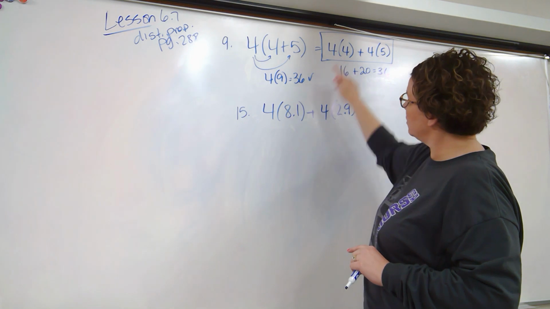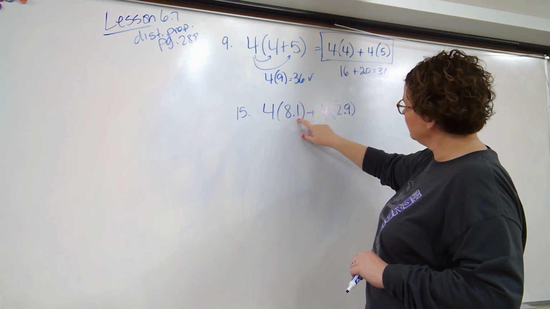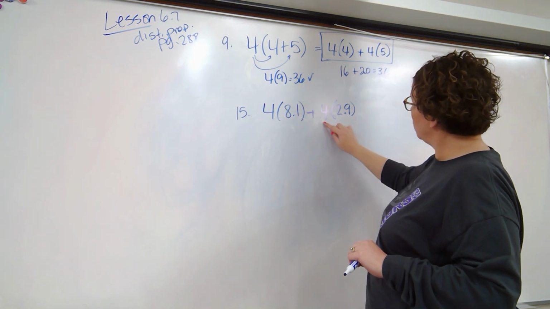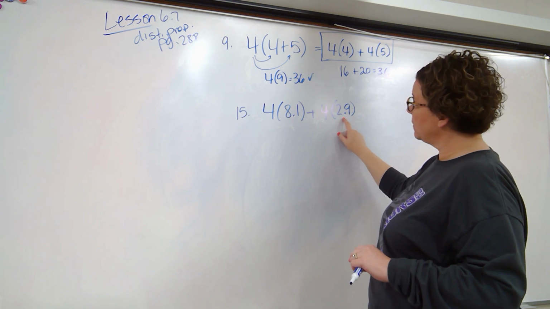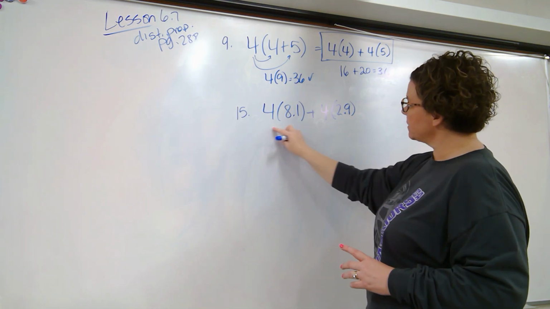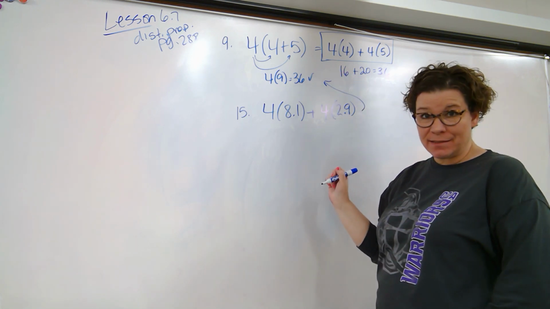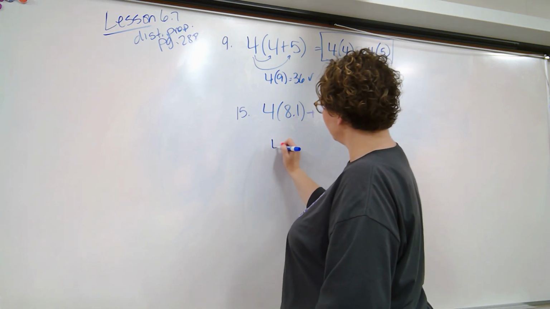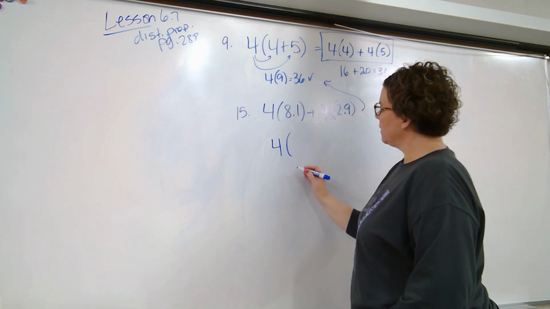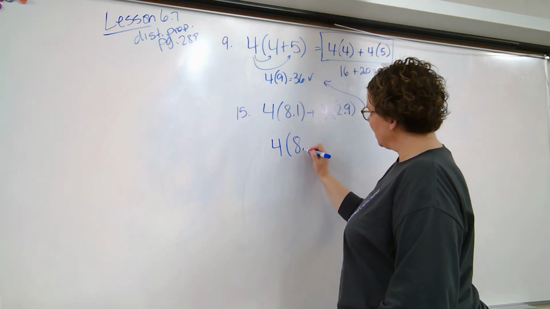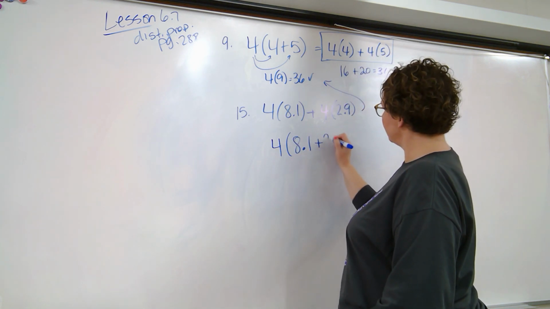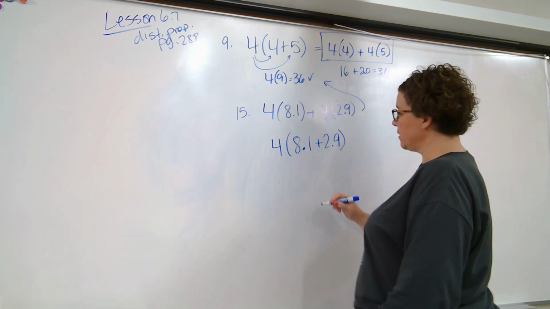I've got 4 times 8.1 plus 4 times 2.9. I can put this expression back into a form that looks like that. Okay, I can pull out this 4, and my equivalent expression is going to be 8.1 plus 2.9 in the parentheses.